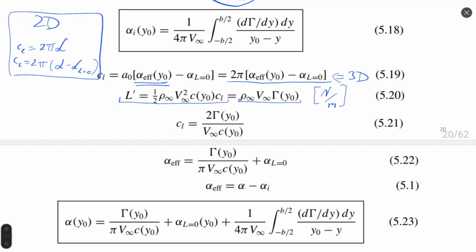Now we combine equation 22 and equation 5.1 inside one equation.